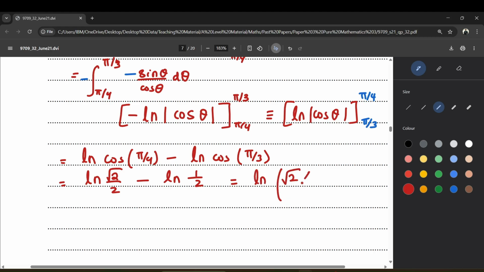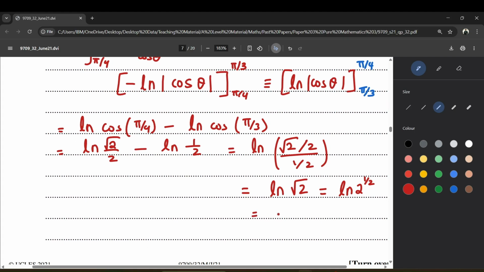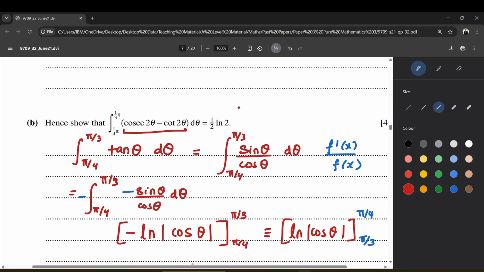So this will be ln of root 2 over 2 divided by 1 over 2. The 2 and 2 will cancel, so we'll get ln root 2. This is actually ln 2 to the power of half, and then I can take the power over here, so we have half ln 2, and this is the exact form that was given in the question.